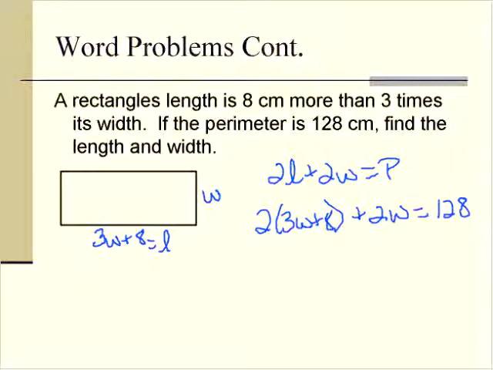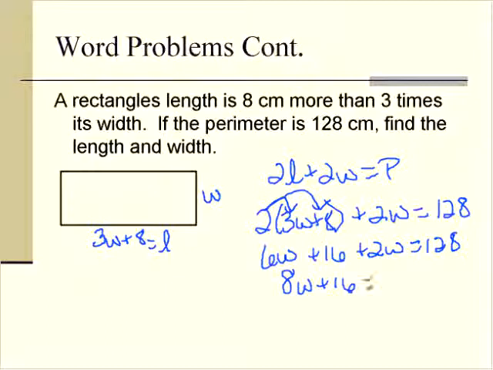So I have more than one variable here, so I'm going to need to get all my w's together. So I'm going to distribute that 2. So 2 times 3w is 6w. 2 times 8 is 16 plus these two w's. I'm going to put my w's together, so this is 8w plus 16 equals 128.